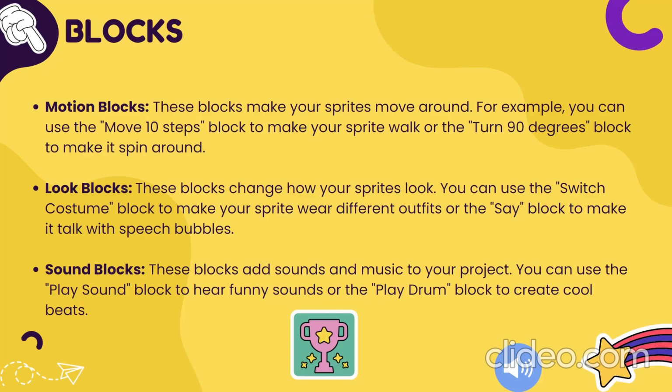So it is about adding movement in your program. The word itself says motion, so it's easier to understand that it is going to add movement to our character. Movement can be anything. It can be straight, you can go back, you can go up, you can turn, you can rotate, anything can be done. Then we have looks block.